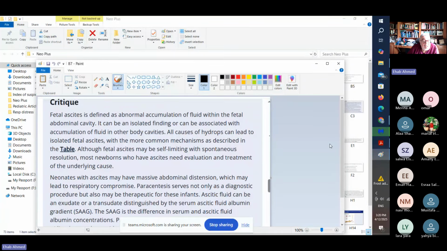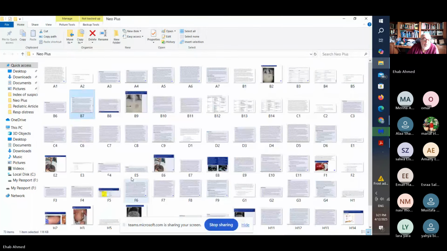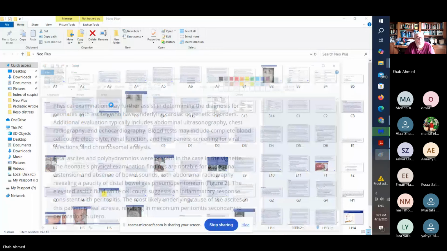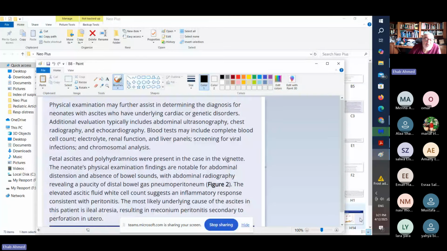Ascitic fluid can be an exudate or transudate, and it is distinguished by the serum ascitic fluid gradient, as we mentioned. A physical exam may further assist in determining the diagnosis of the underlying cause, whether it's cardiac, genetic, whatever.